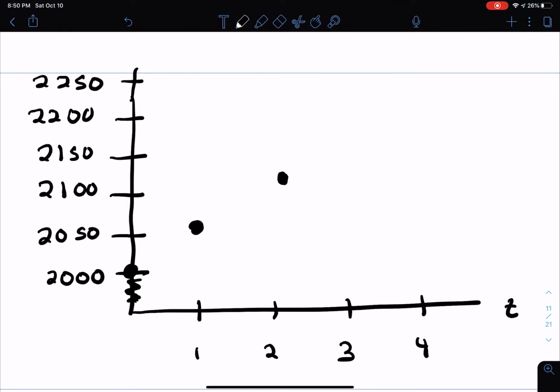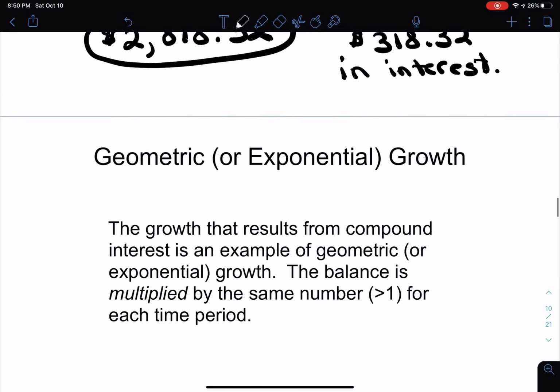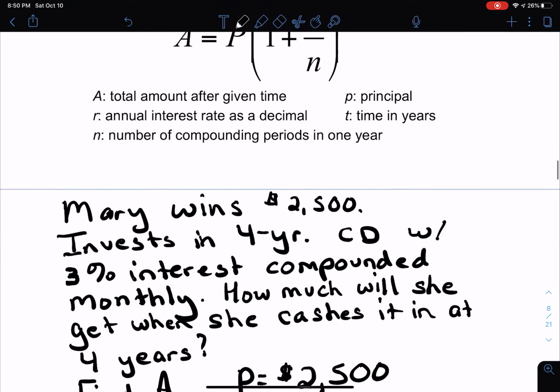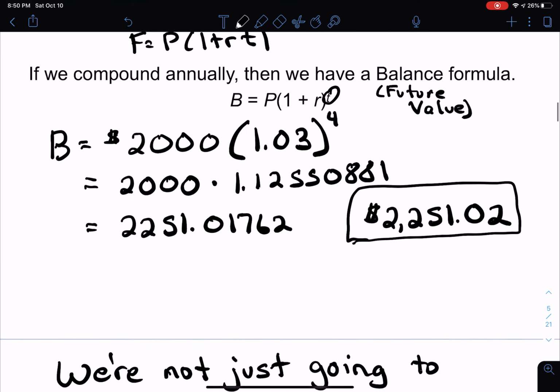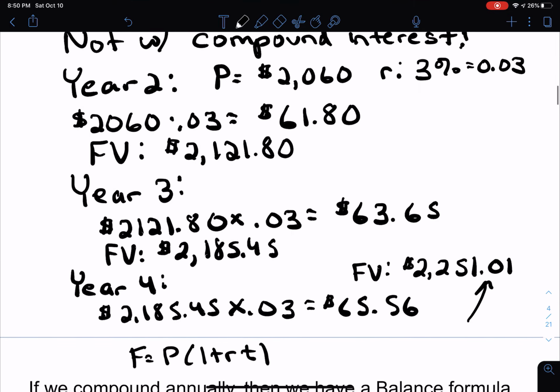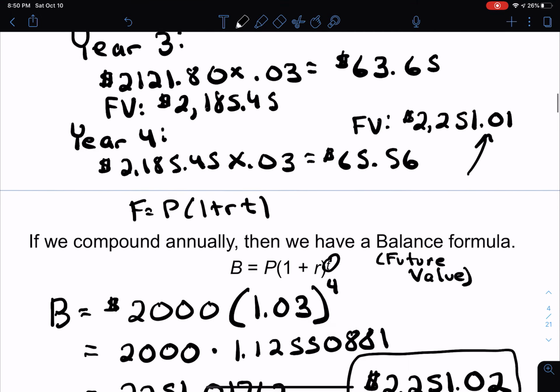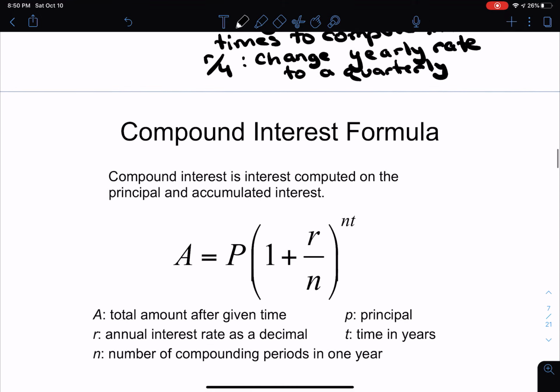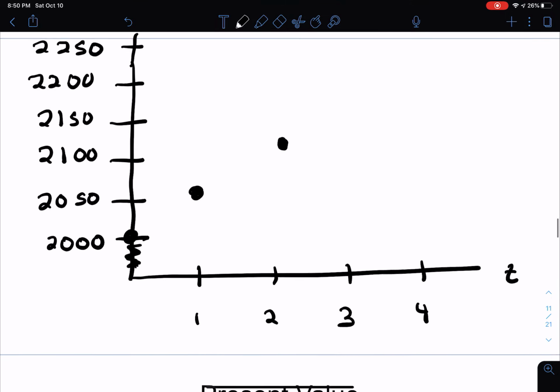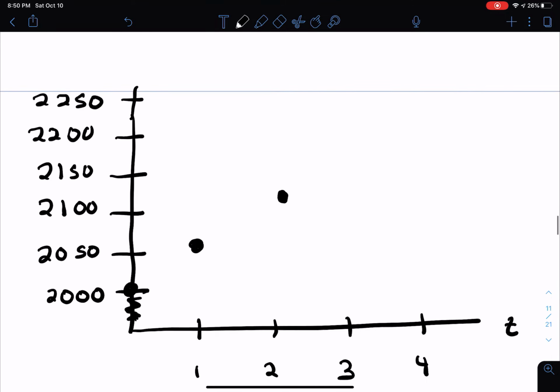Keep in mind, I'm just kind of approximating where this goes. Year 3, it was 2185, and then year 4 was 2251. So 2185 and 2251. Oops, went too far, sorry. So roughly there. And then all of a sudden 2251.